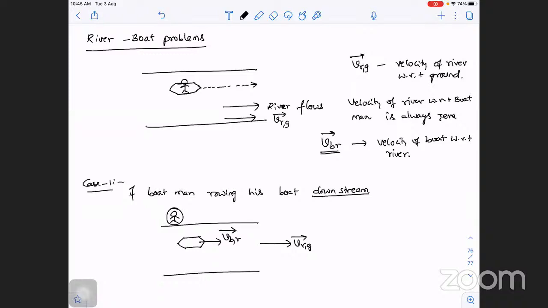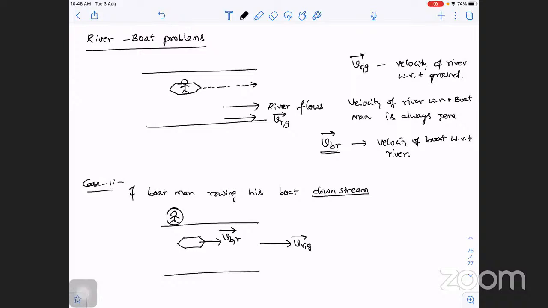What is the velocity of the boat as seen by the person on the ground? All of you think about it.